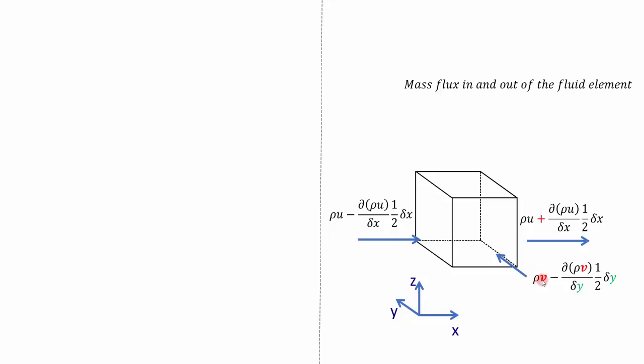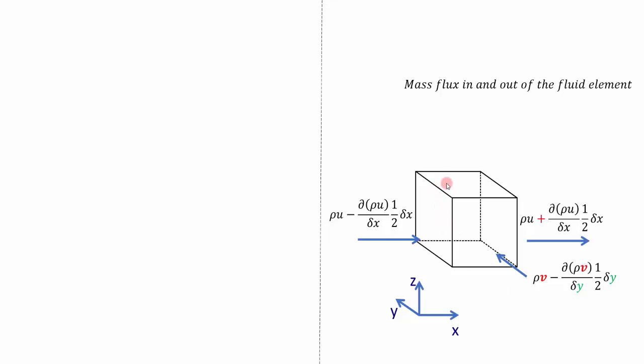Here the rho v is taken as the velocity at the center, and at this particular wall, since it is in negative direction, we have given the minus sign, and change in rho v by del y, change in mass flux along this del y into the distance, that is half del y.